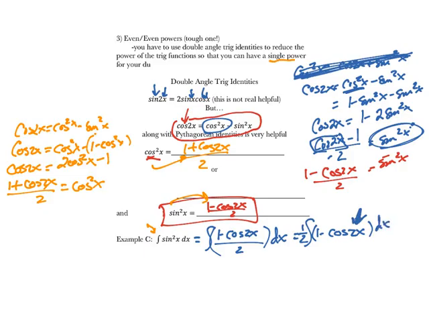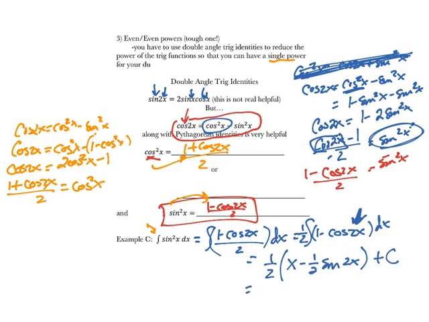So in other words, when I integrate, the 1/2 stays out front. When I integrate the 1, I know that becomes x. When I integrate cosine, I know that's sine, but because of that 2x, it's going to be negative 1/2 sine 2x plus c.